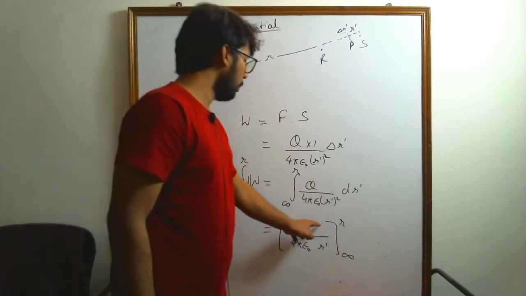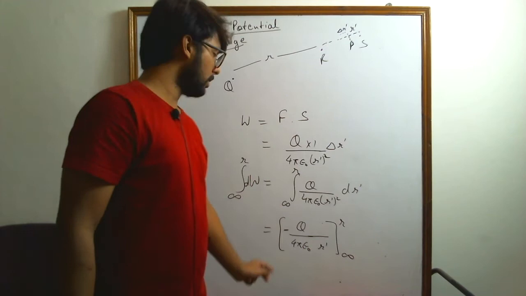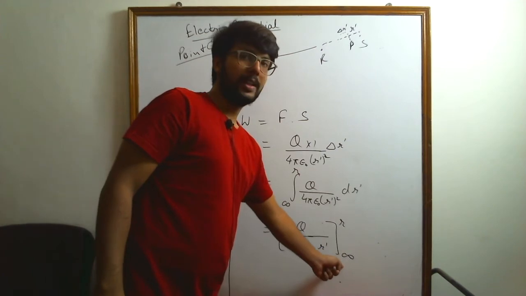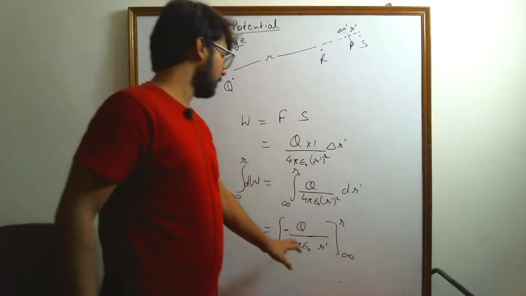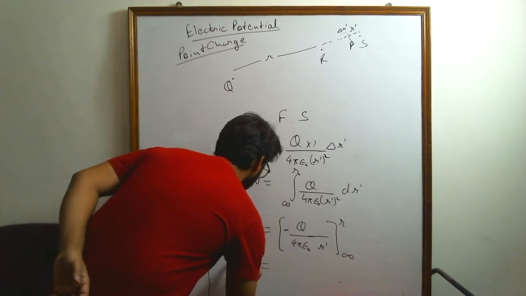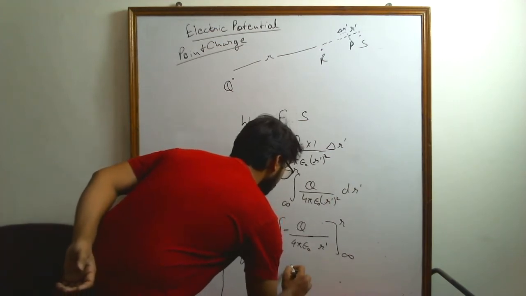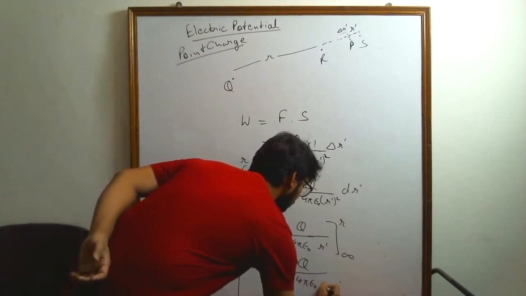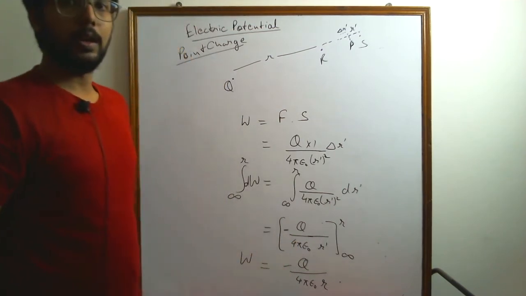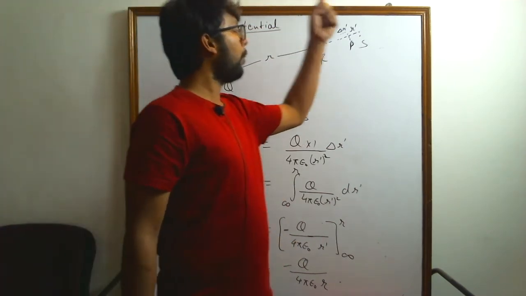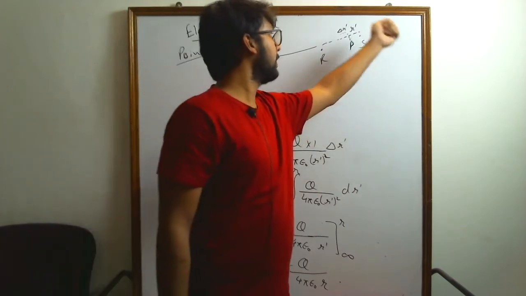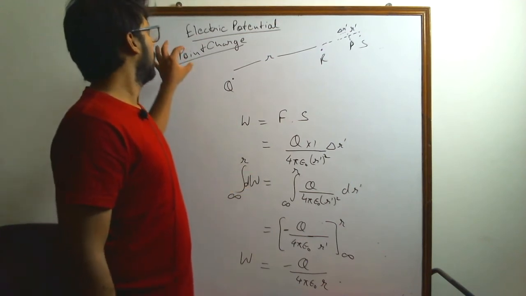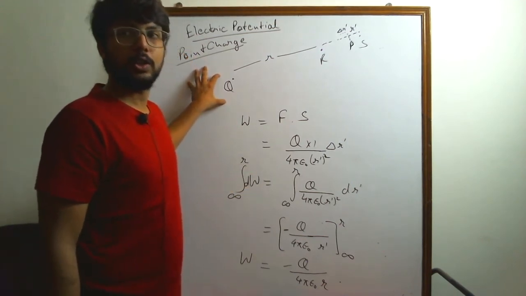When r dash is put as infinity, obviously this will be 0, and so I am only left with the total work done will be minus q upon 4 pi epsilon naught r. This is the work done to bring a unit charge from infinity to point r, and this is the potential by a source charge q.